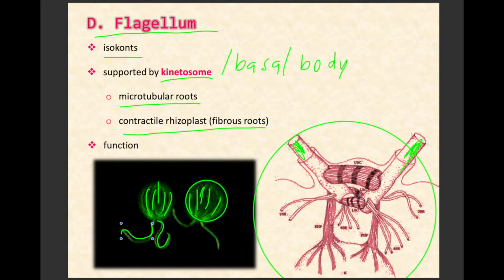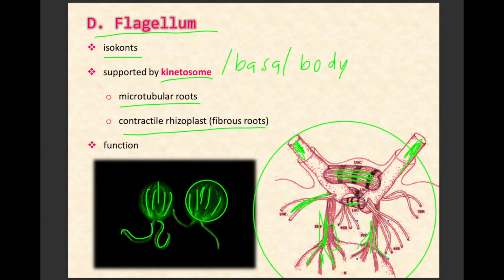But your microtubular roots, these are this portion. This is your microtubular roots. This is your rhizoplast right here. Your microtubular roots connect the entire thing to the cell, as you can see here, so they are also involved in locomotion. But your contractile rhizoplast, or your fibrous roots, connect your outer flagella.